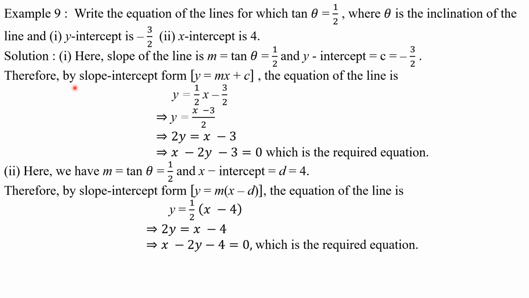So here slope of the line and y-intercept are given. In this case, we use the slope intercept form, y is equal to mx plus c. Okay, my children, to write the equation of the line, we use this form. Then the equation of the line is y is equal to, what is m here? 1 by 2 into x plus what is c here? Minus 3 by 2. Understood this equation, my children?